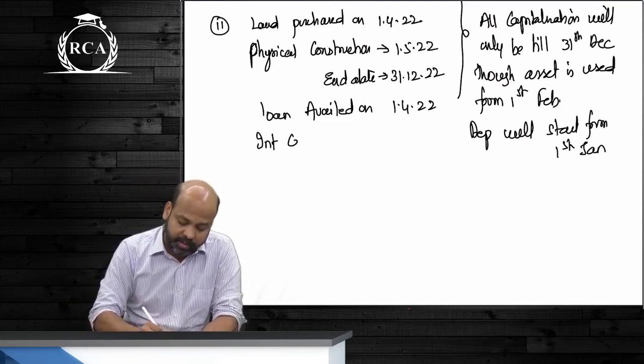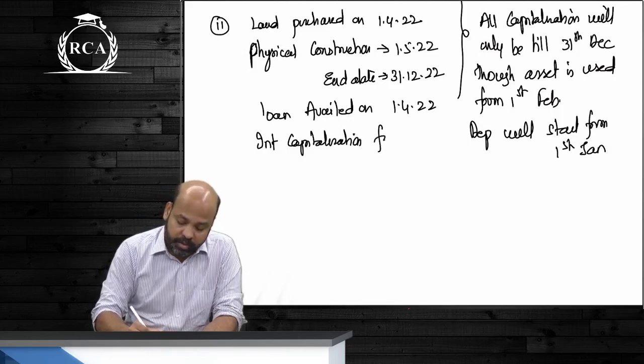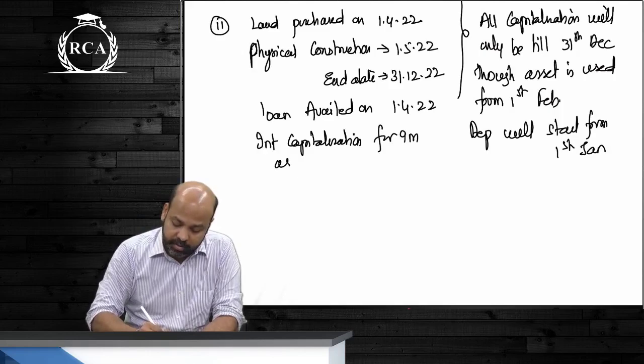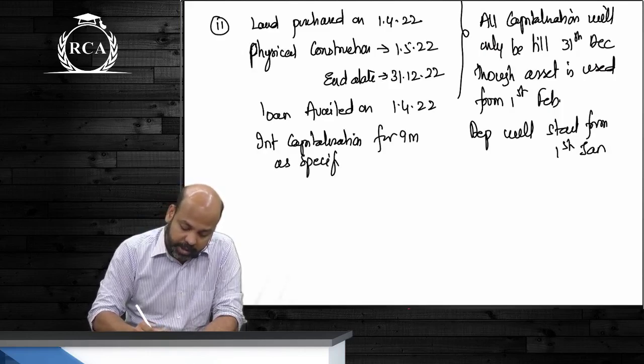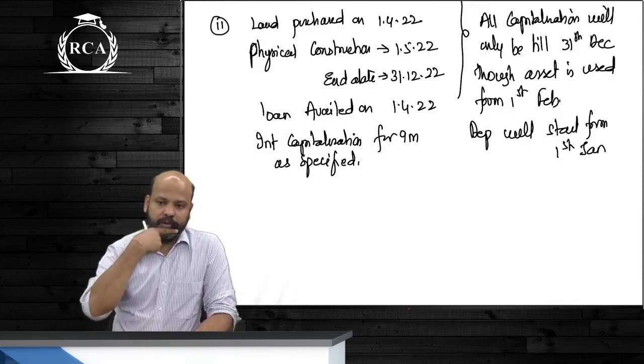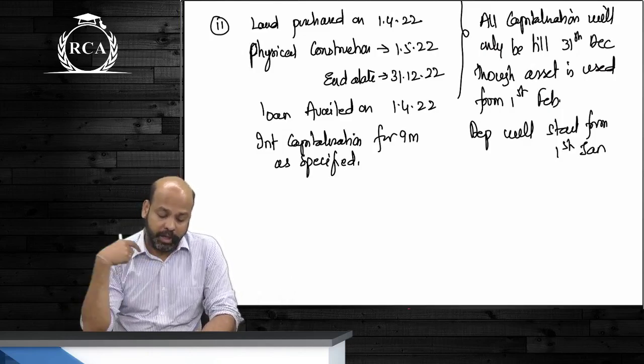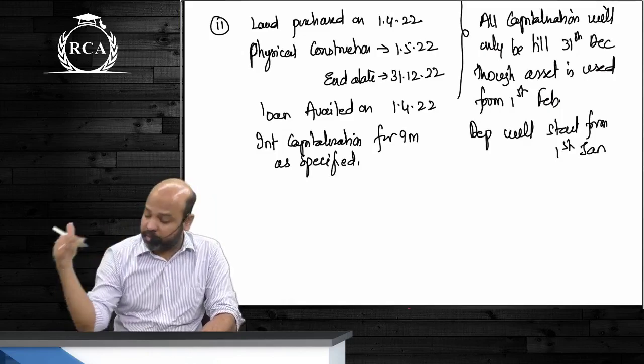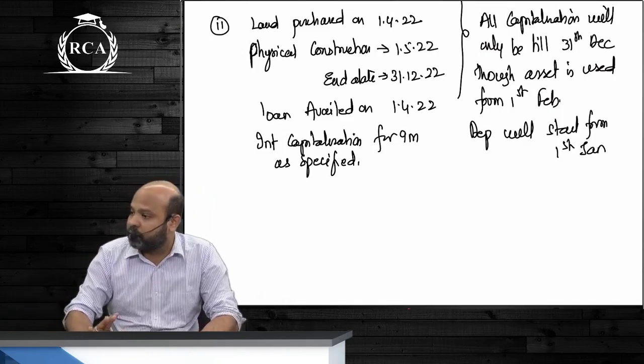Interest capitalization for how many months? Interest capitalization, beta, for 9 months as specified. If this was not given, we would have capitalized it for 8 months. Interest capitalization will be for 9 months as specified in the question.